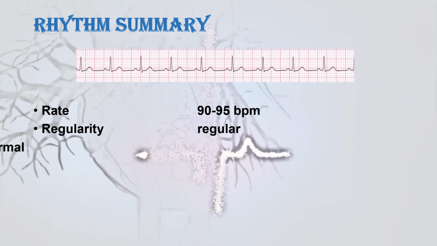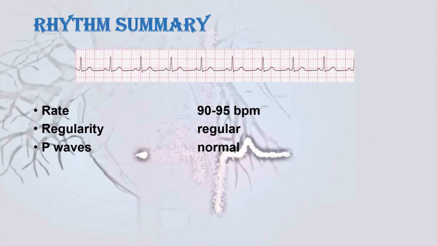To summarize the rhythm, first find the heart rate. We can calculate it, otherwise it will be given on the paper itself. Sometimes the machine itself records the heart rate. So for better findings, we should analyze and calculate it using the formula. Then regularity, whether it is regular or not.